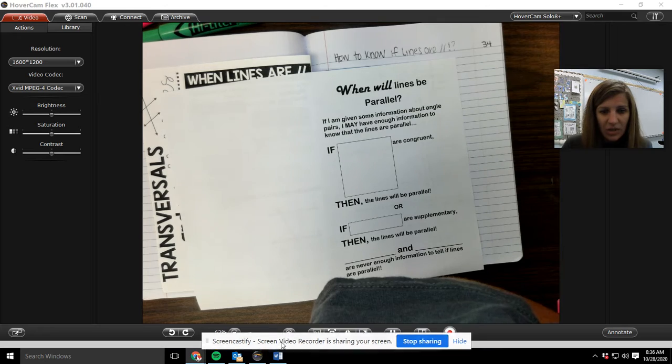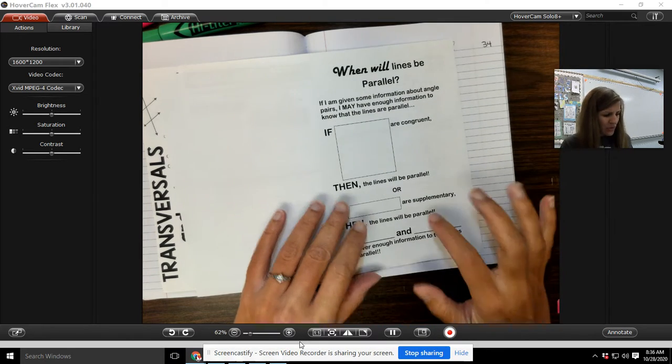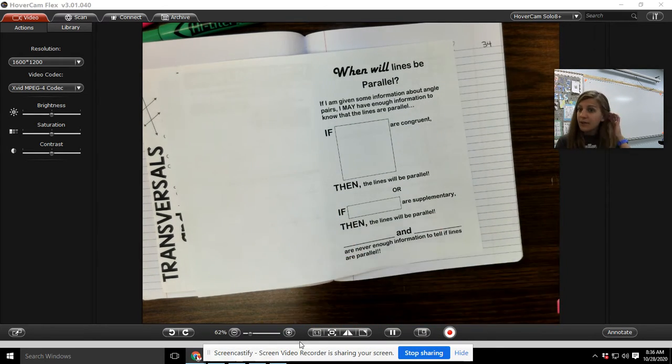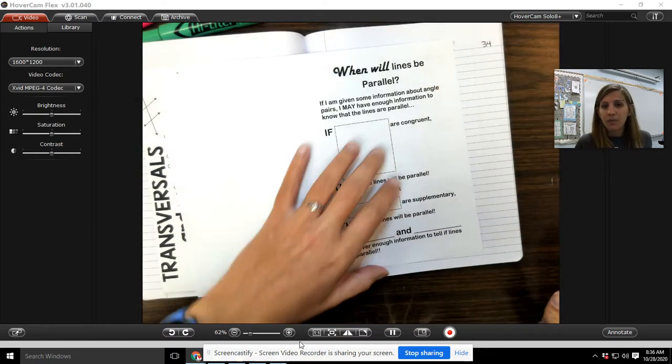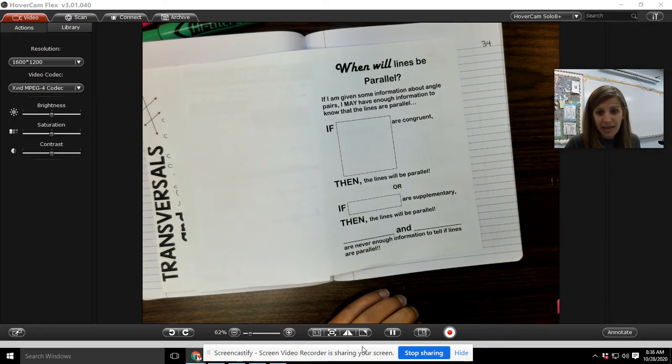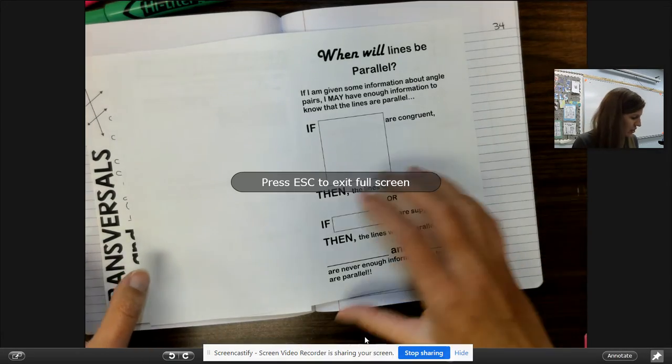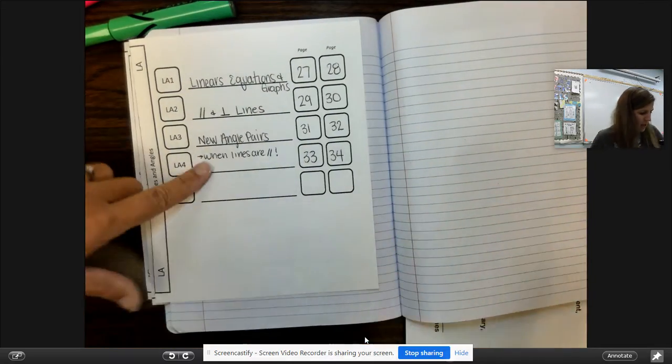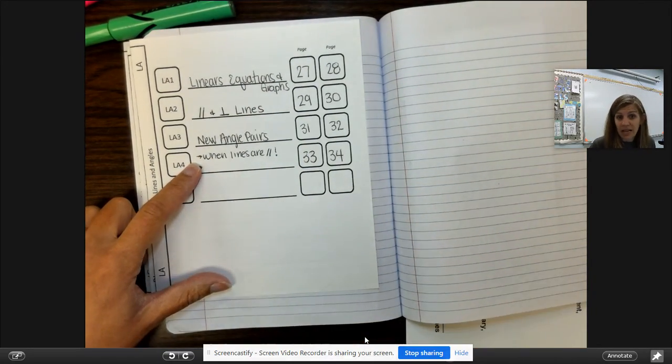So let's actually go to here and add to our notebook now. These ones I will post, so if you're at home, you can print them out. If not, I gave them to you in class, so you should have them now. They're not in our stapled packet, but we are going to add this on page 34. On page 33, we talked about what happens when the lines are parallel.